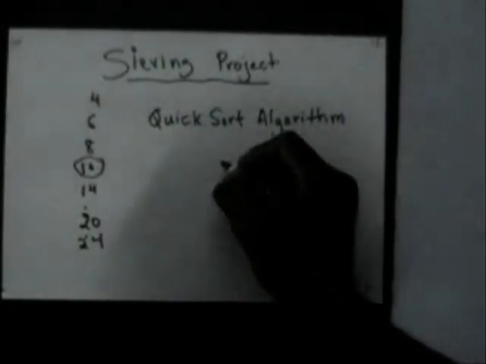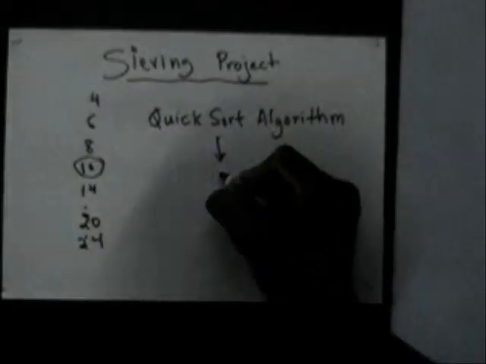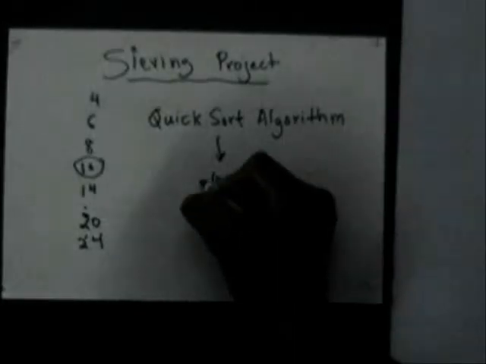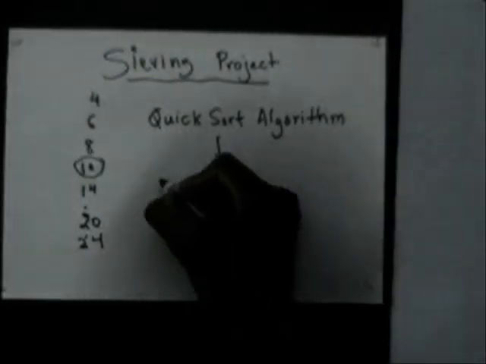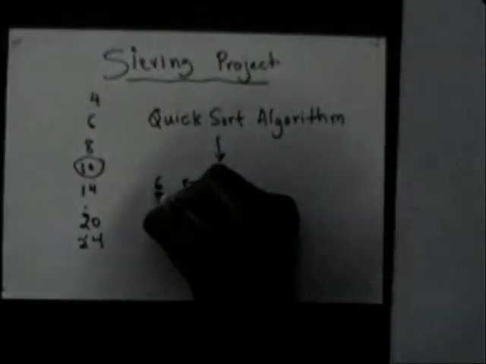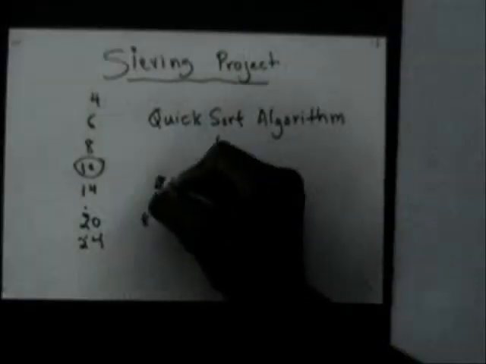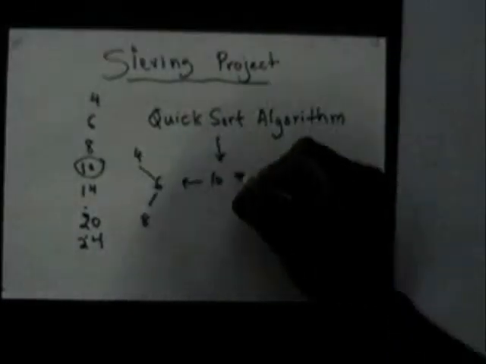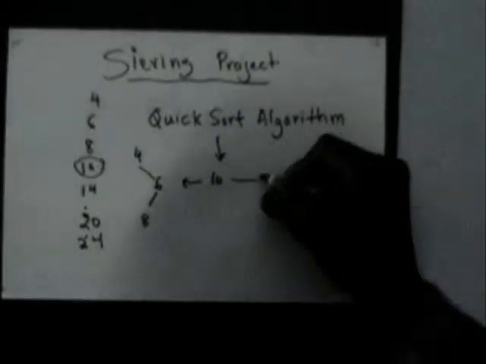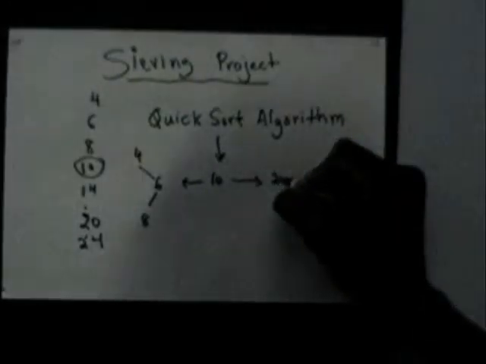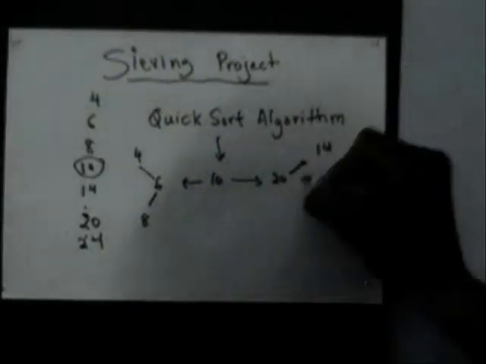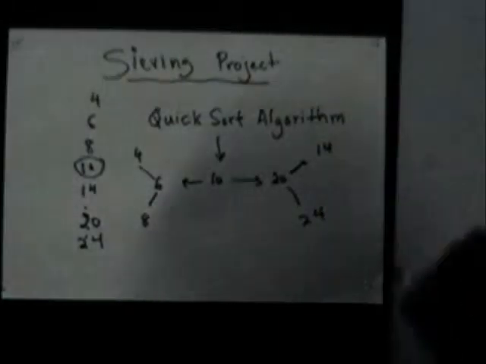The sample is put on 10, and whichever is smaller than 10 would go through 6, and then it will go through 8 and 4. Here also it will happen: it will go through 20 and 14 and 24.